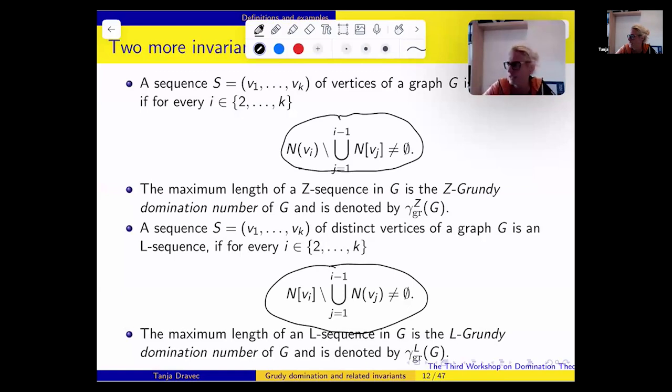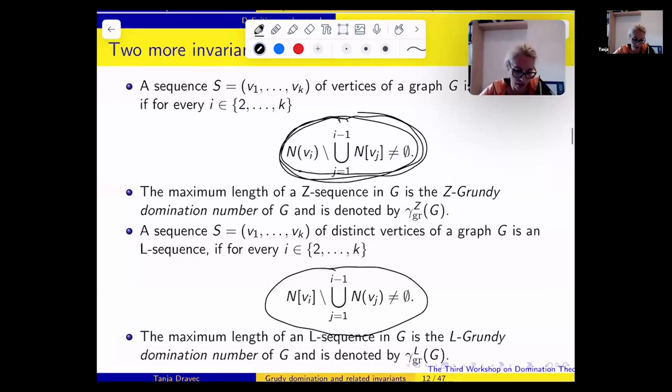We found out that the Grundy domination number is closely related to the zero forcing number. And if we change the definition of the closed neighborhood sequence a bit, so that we take this definition, then we get exactly the dual of the zero forcing number of a graph. That was the main reason to consider this kind of sets.